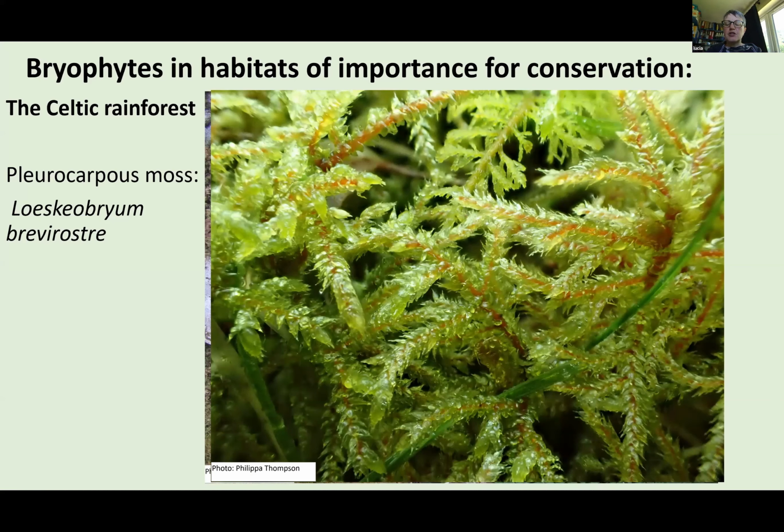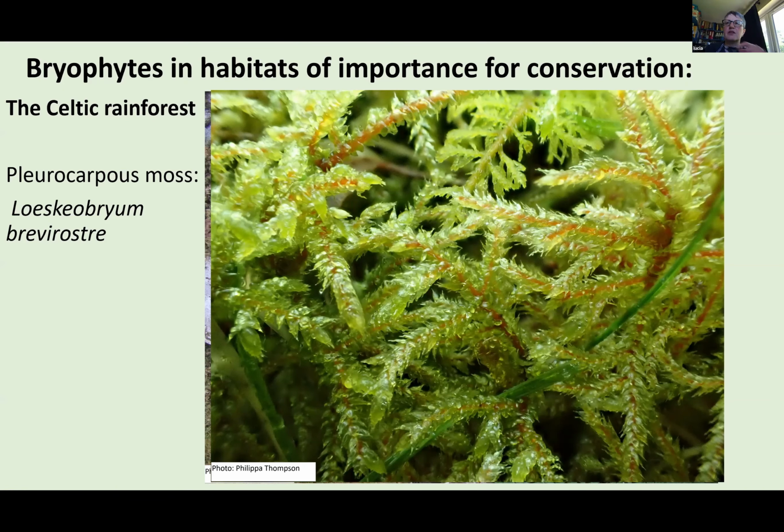Not sure whether it is an adaptation to hold on to water better, but it is a characteristic that quite a few mosses have. They're called paraphyllia. So a very pretty moss that is a specialist of the Celtic rainforest.